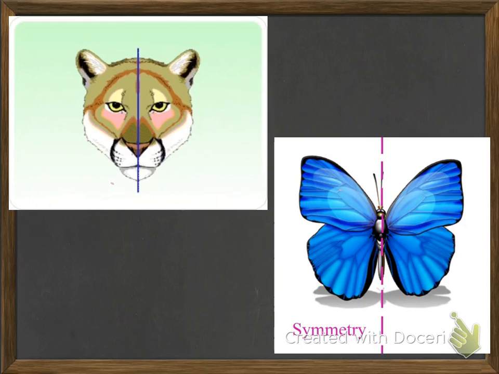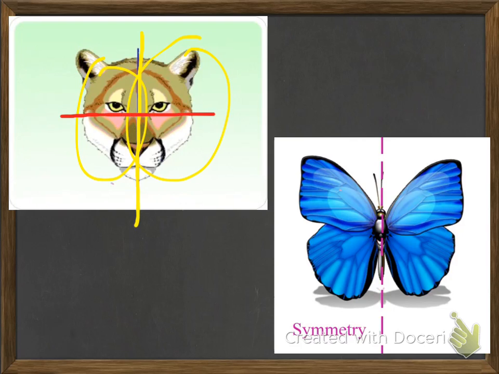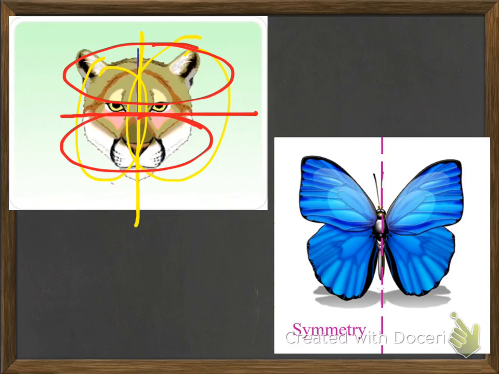Let's try some more. Take a look at these. Here we have an animal, or 2 animals, and the line of symmetry is exactly right here. So that one side is exactly the same as the other side. However, I couldn't go like this, because this side is not the same as the bottom side.